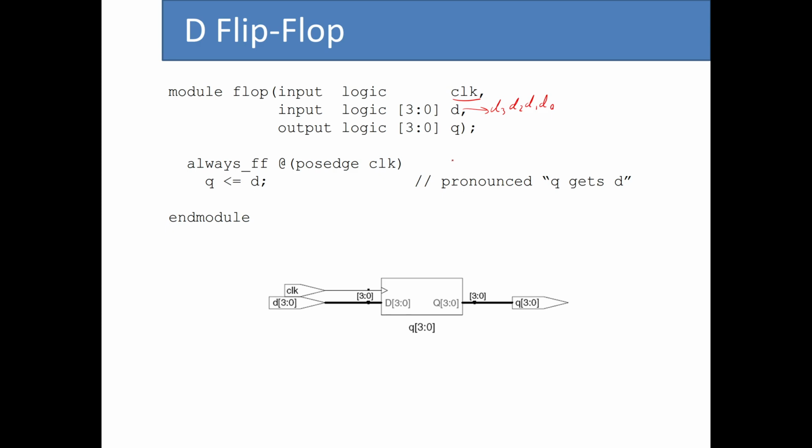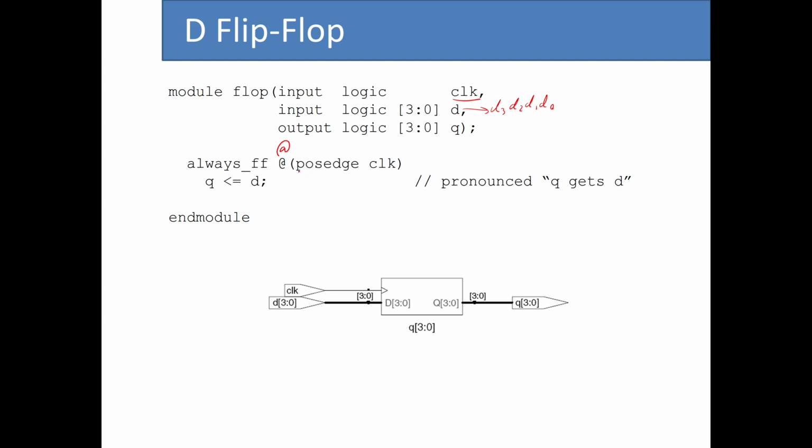Now to give the functionality of the flip-flop, we use always_ff, which is the keyword used for defining flip-flops, and then the @ sign, and then inside the parentheses we have the sensitivity list. Since flip-flops are sensitive to the edge of the clock, the one we want to create is sensitive to the positive edge of the clock, or the rising edge of the clock.